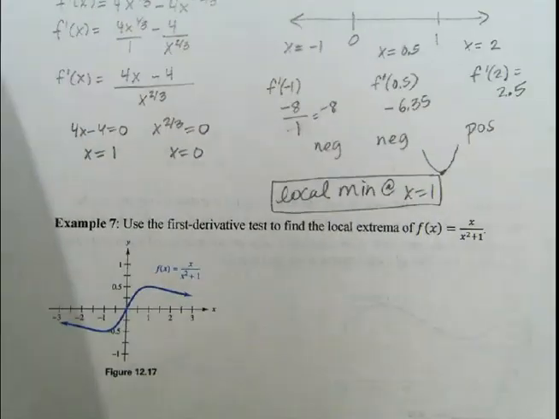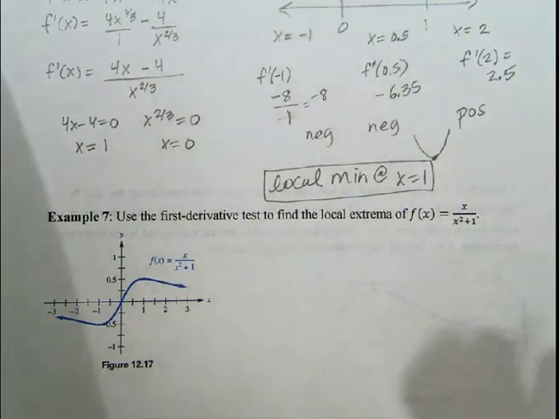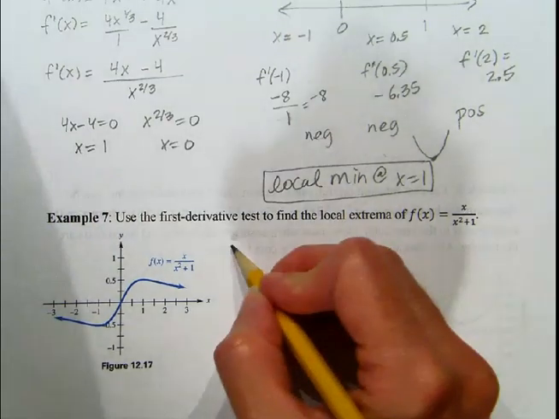Now in example 7, we're going to use that first derivative test again. This one's a little bit more complicated just because you've got that quotient there, but you should know how to do that. Shouldn't be a big deal. We're going to remember our quotient rule, low d high minus high d low over low squared.